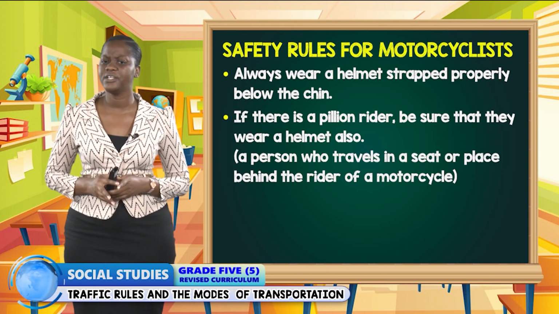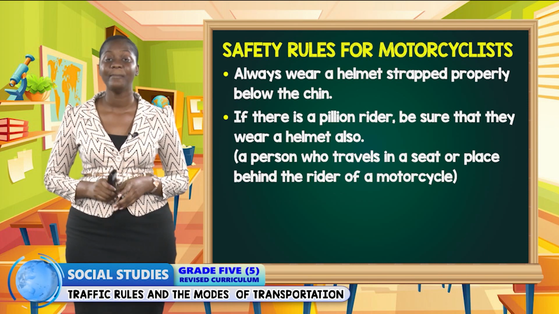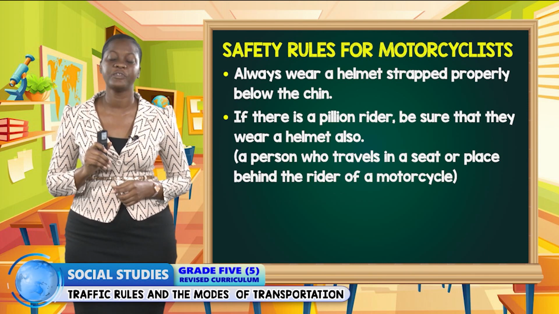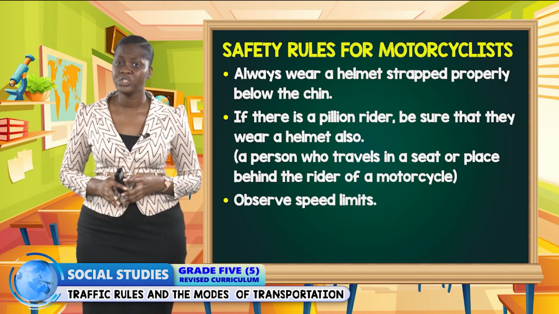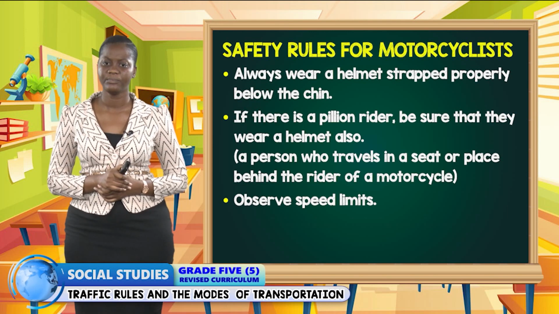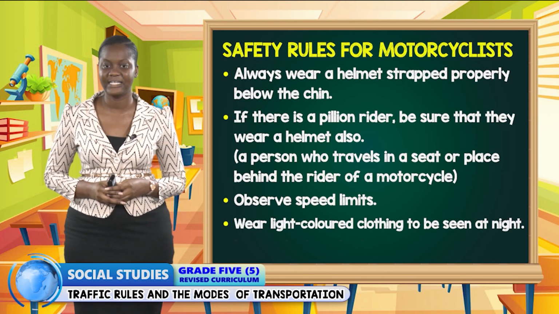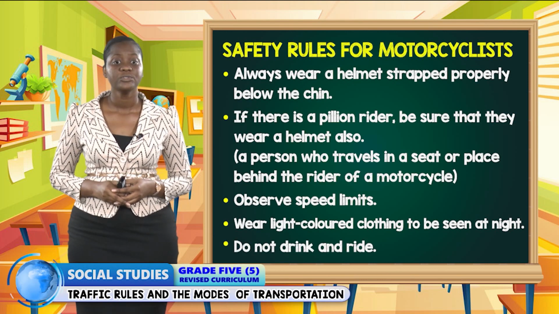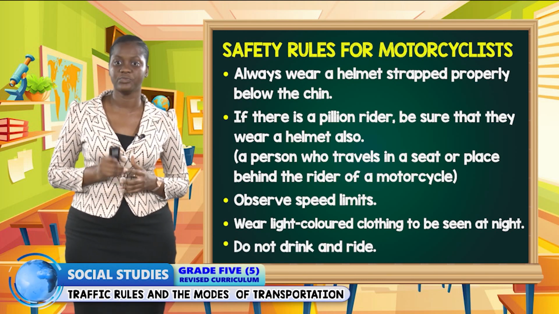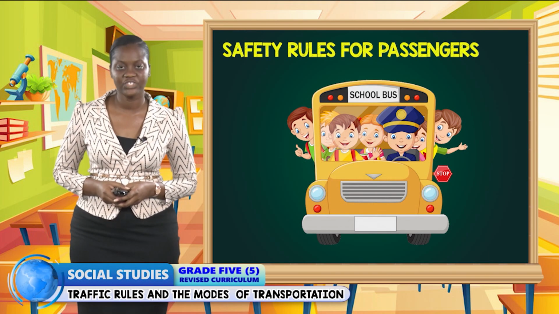A pillion rider is a person who travels in a seat or place behind the rider of the motorcycle. A motorcyclist should observe speed limits, wear light-colored clothing to be seen at night, and finally, do not drink and ride.